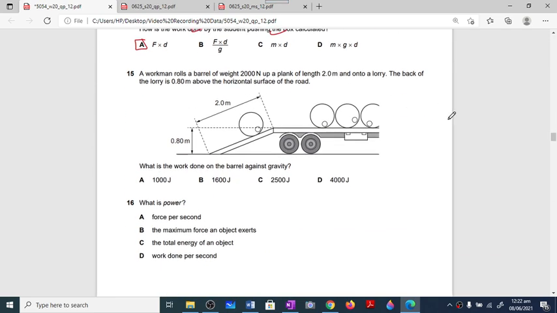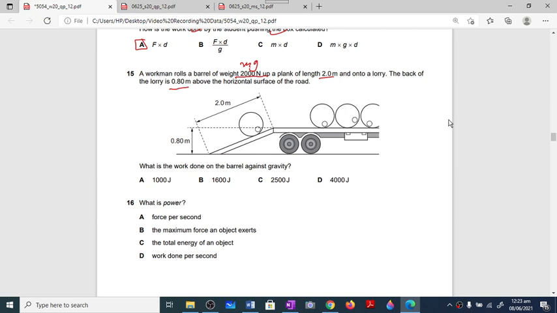For 15, one of the most repeated questions so far in the past papers, a workman rolls a barrel of weight 2000 Newton. So this is the value of basically mg. The plank length is 2.0. Then the distance above the surface to the lorry is 0.8 meter above the horizontal surface.